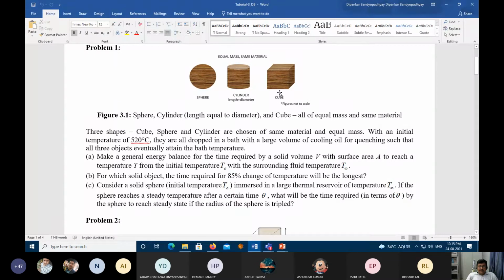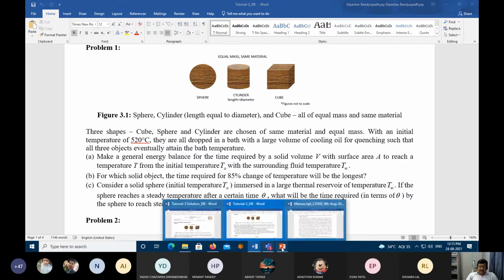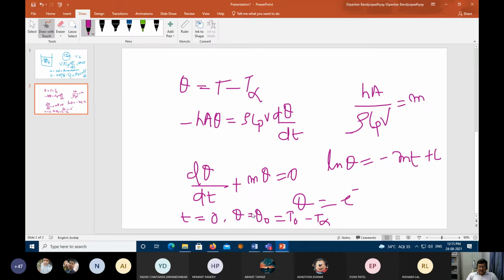And then the outside room temperature is 25, and later on this becomes, at some point of time, T infinity, correct? So your theta 0 is what? T0 is 520, correct?